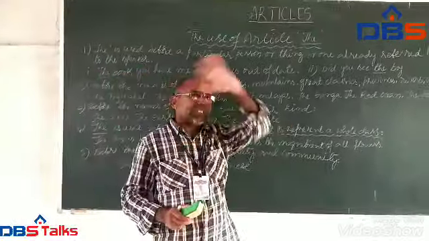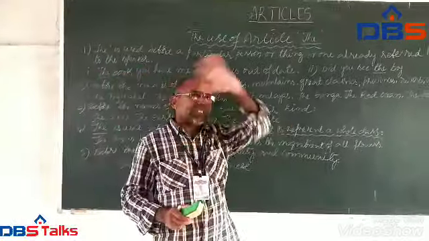We use the definite article the before terms showing nationality and community. To indicate nationality and community, we use the definite article the. For example, the American, the Japanese, the Chinese, etc. Try to understand. We also use the definite article the before superlatives.